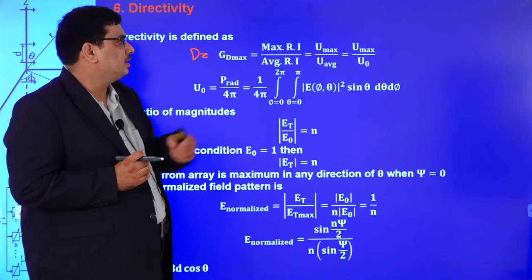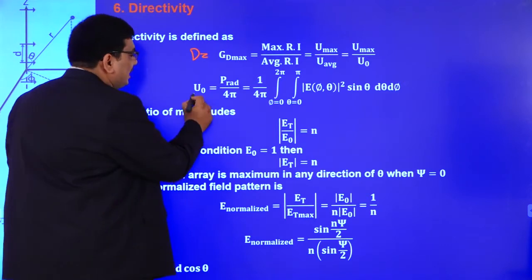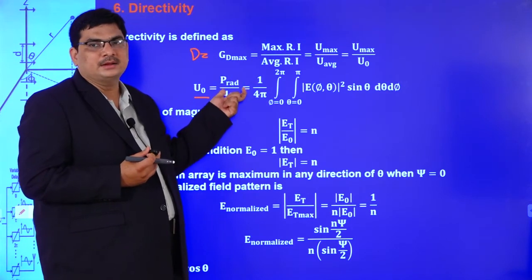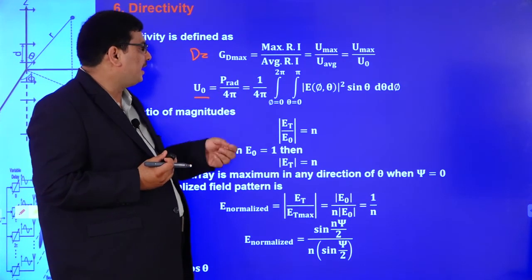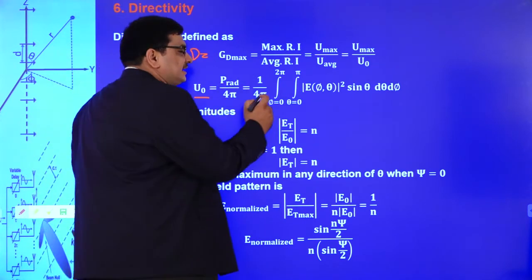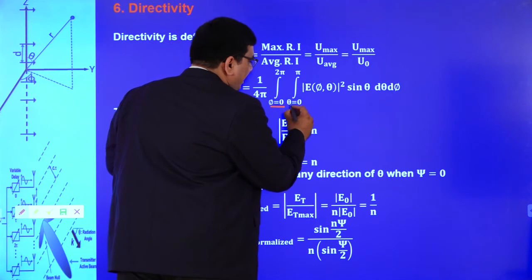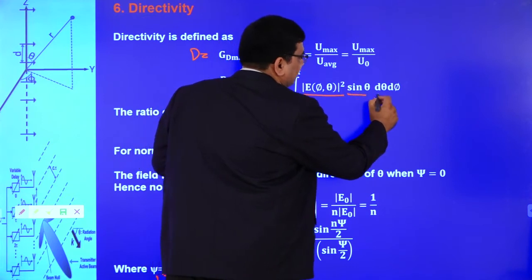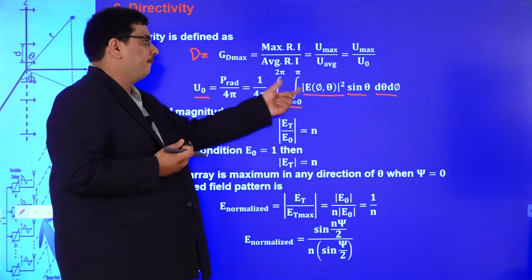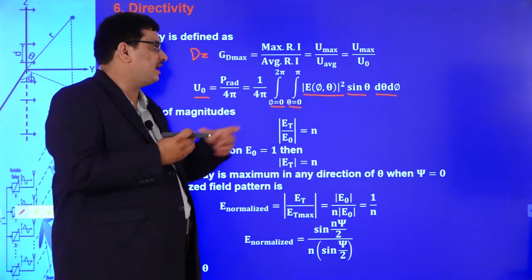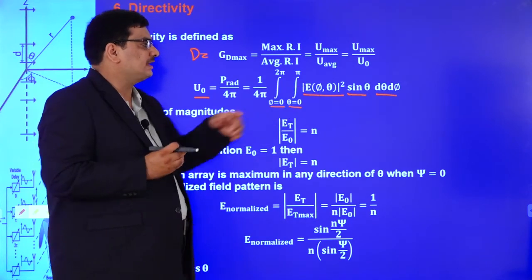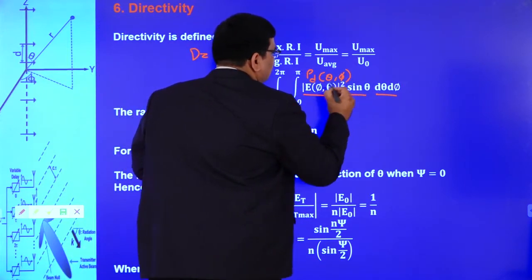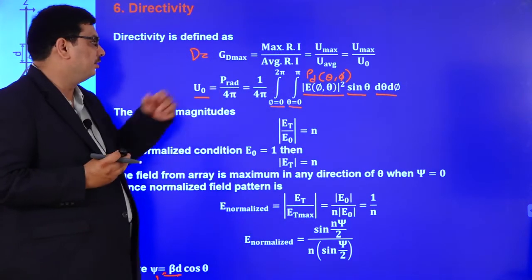Where U max by U naught. How can we find the average radiation intensity? It is equal to the radiated power by 4 pi, that is 1 by 4 pi into the integration over phi from 0 to 2 pi and theta from 0 to pi of the power term U of theta, phi into sin theta d theta d phi. In the previous expressions we wrote U of theta, phi into sin theta d theta d phi.